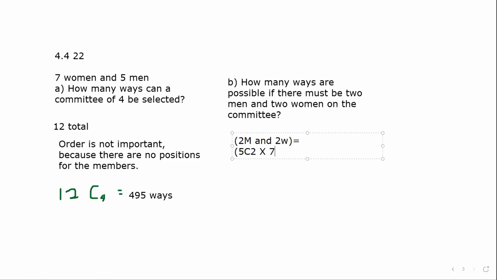And here, times means that we're multiplying, or it would mean we were adding. We're going to get to that in a minute. So 5 choose 2 times 7 choose 2, and you get, I think, 210. I just basically added up what 5C2 equals and what 7C2 equals. Some people write it individually underneath. You don't have to do that. You can put the whole thing in your calculator. Okay.